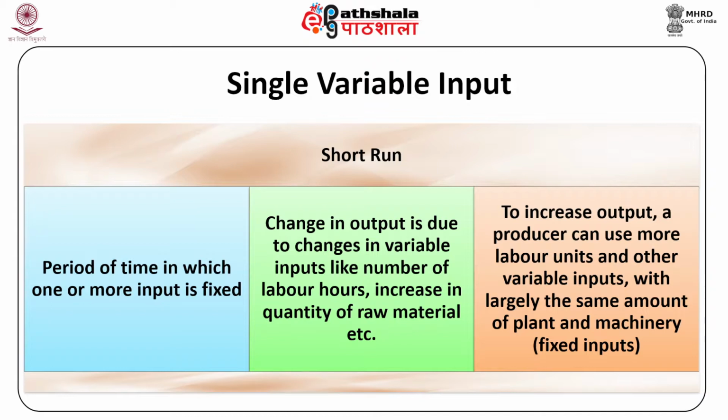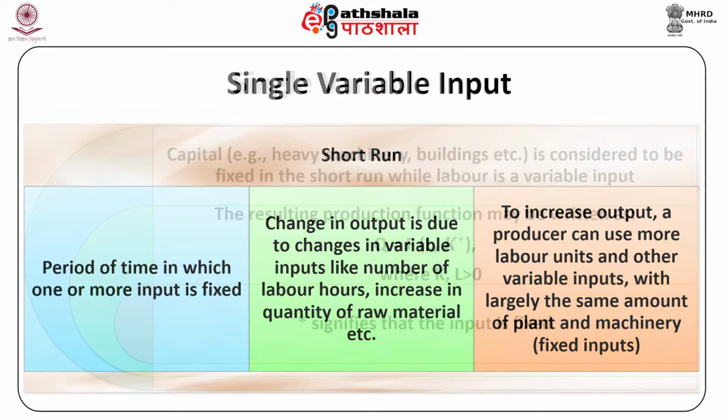Hence, change in output is due to changes in variable inputs like number of labor hours, increase in quantity of raw material, etc. So, to increase output in the short run, a producer can use more labor units and other variable inputs with largely the same amount of plant and machinery, the fixed inputs. He cannot quickly set up a new plant in order to increase production. That is a long-term decision.